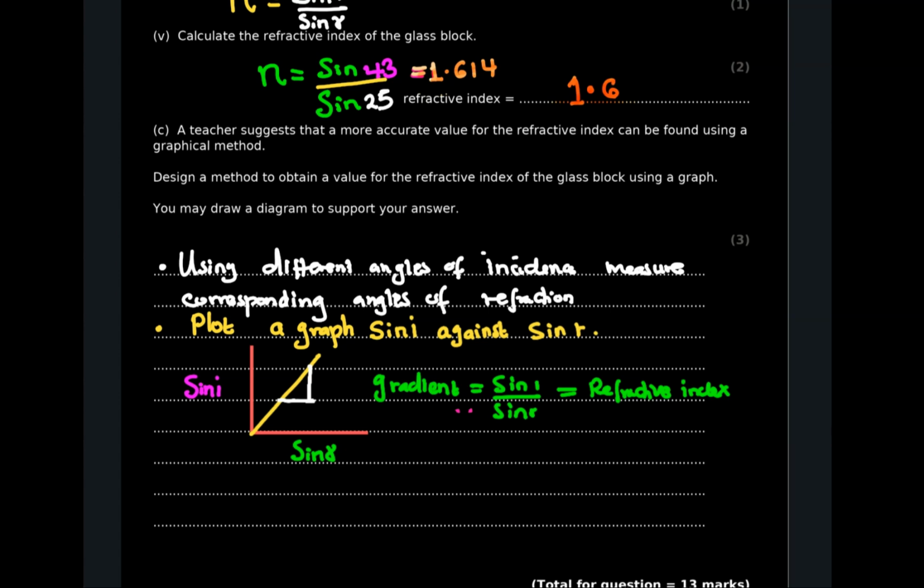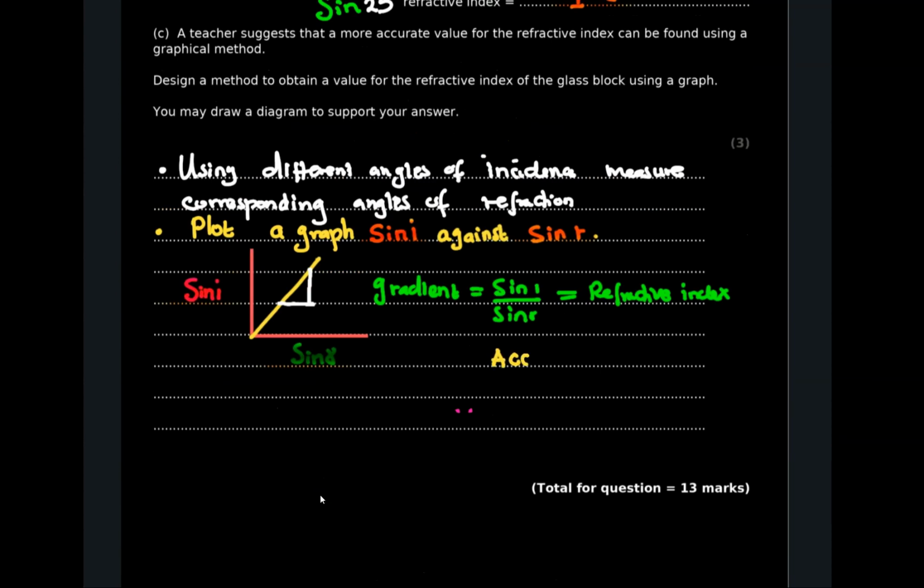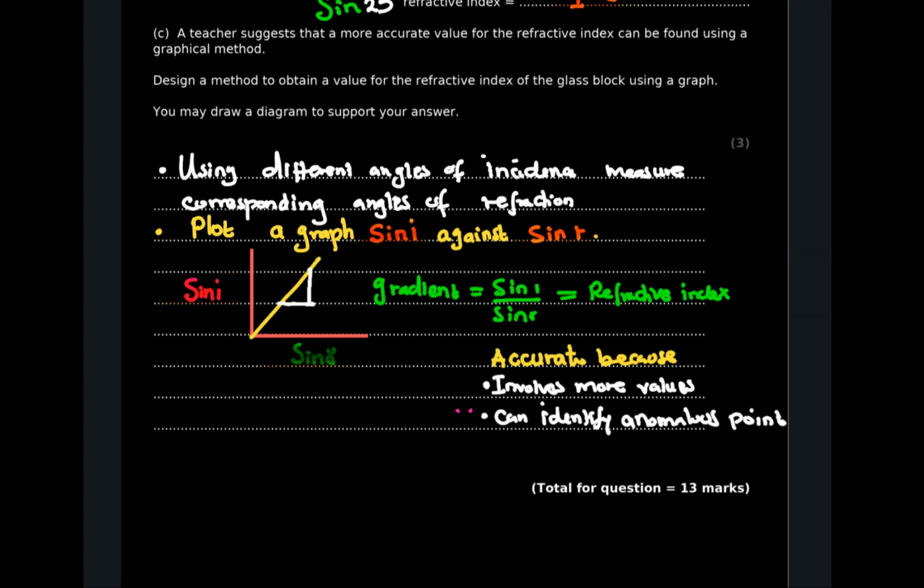This particular method is more accurate compared to just using one point. It is more accurate because it involves many values, and also you can identify anomalous points.